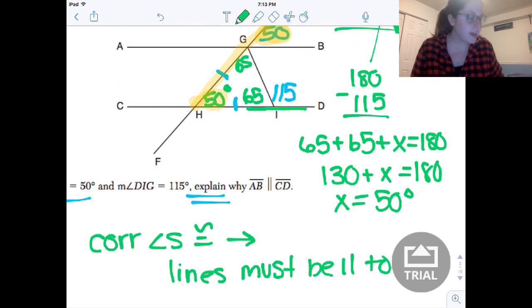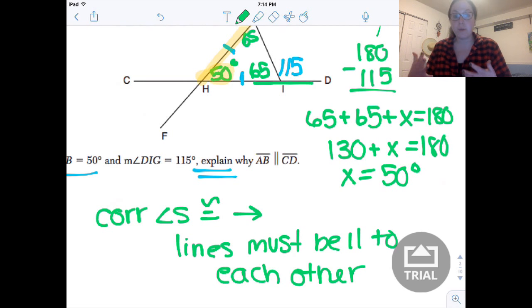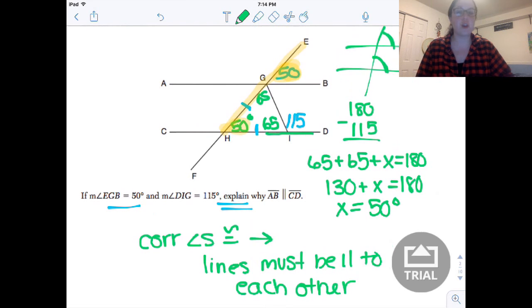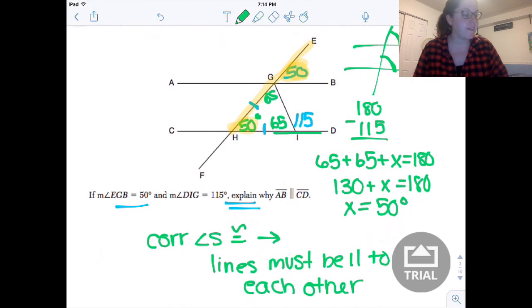And we could say that in much more technical terms. We could say when two lines are cut by a transversal with corresponding angles congruent, lines must be parallel to each other. But that's what you would want to explain. You would want to show your work so I could see how you got those numbers, and then explain that this angle and this angle are corresponding, and corresponding angles are congruent.